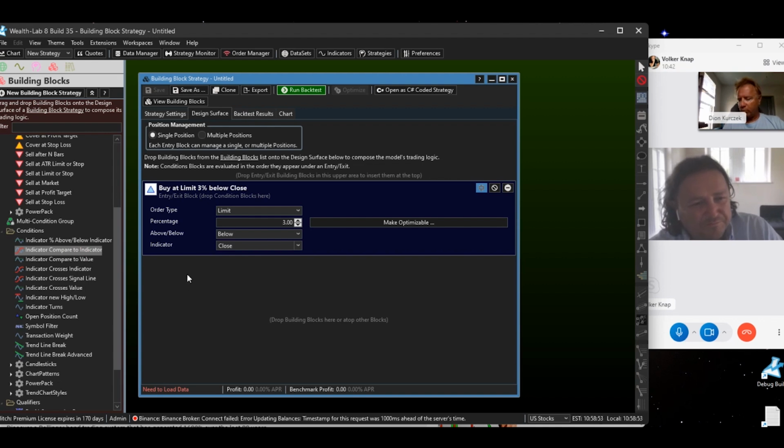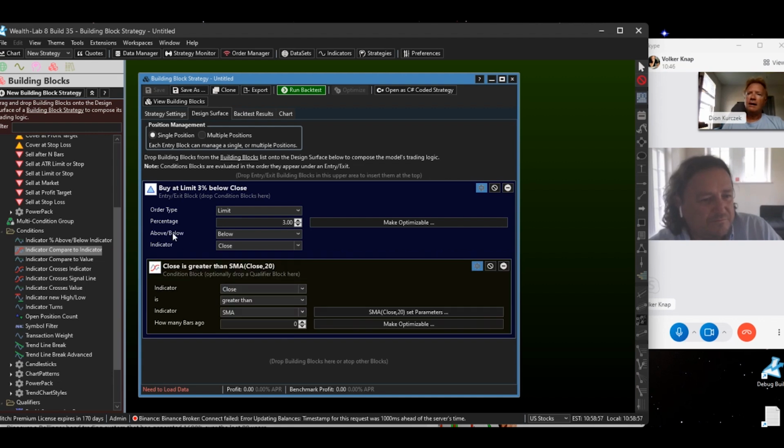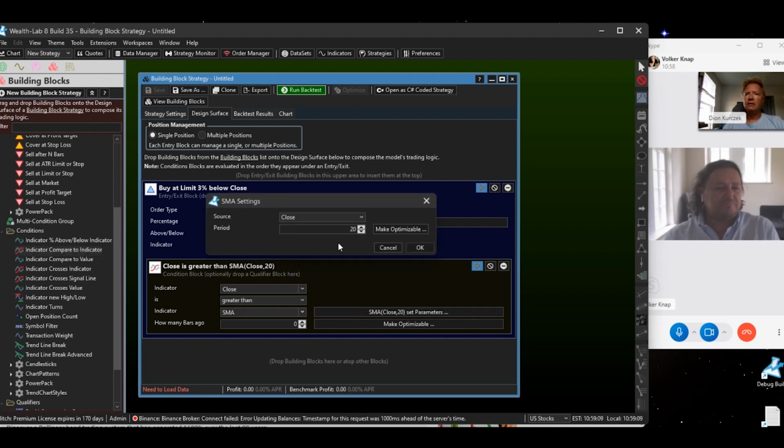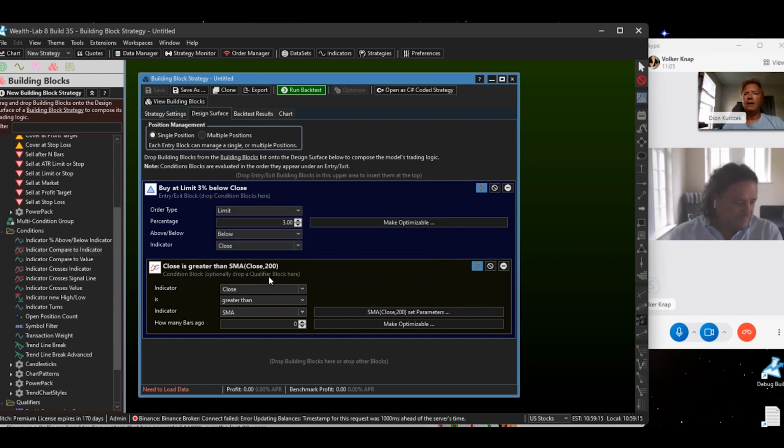In these building blocks, indicator means not only indicator, but you can also use any of the standard price series, open, high, low, close, volume as indicators. So we're going to say close is greater than the 200 bar moving average. All right, there we go.